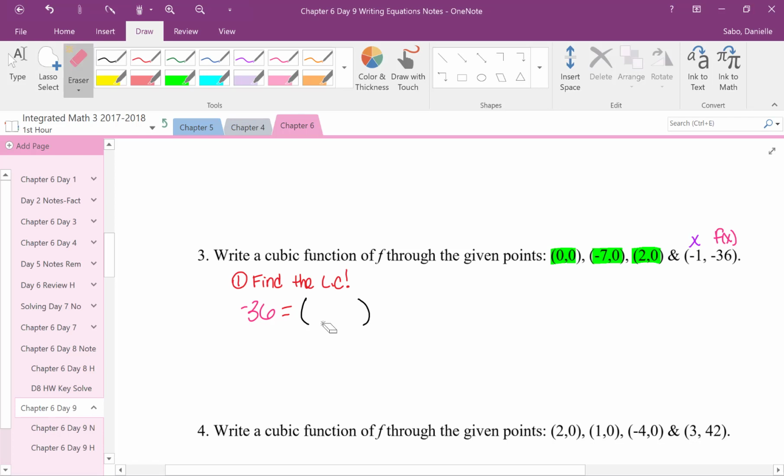I'm just going to color code it for you guys. I'm going to plug in that negative 1 in purple minus 0. I'm just going to put in the minus 0 so you can see it. Then again, I have x minus negative 7, which becomes a positive. But remember, my x value is going to be that negative 1 plus 7. Again, now I'm going to plug in that 2.